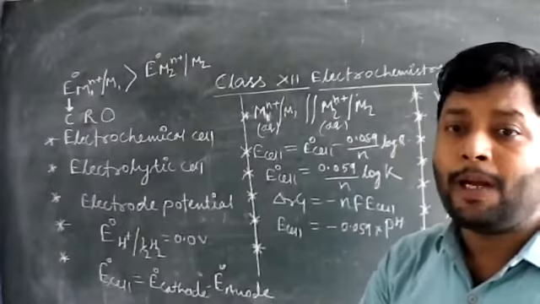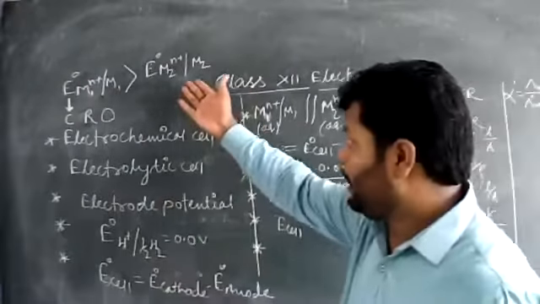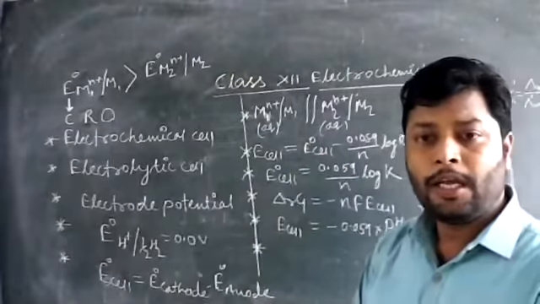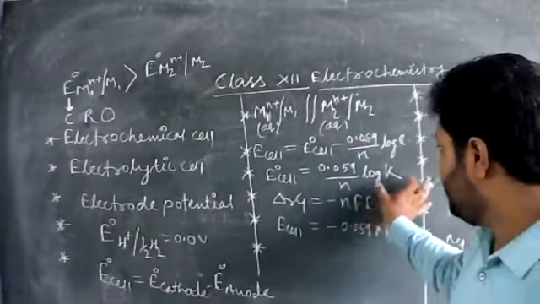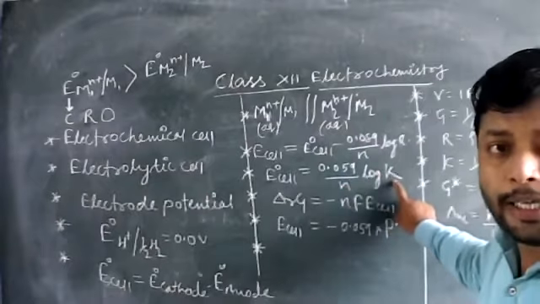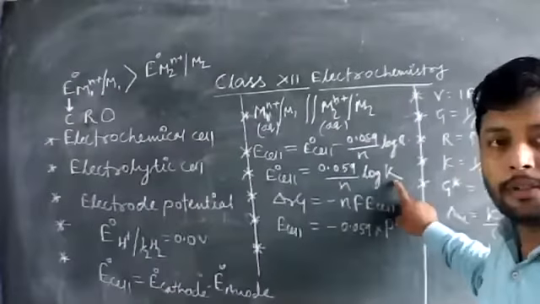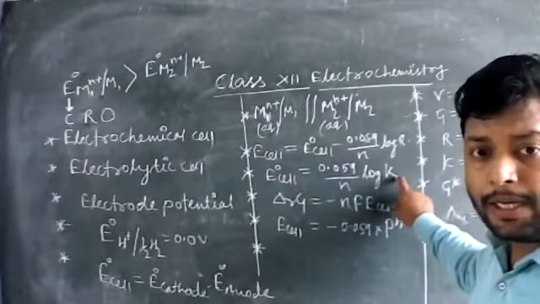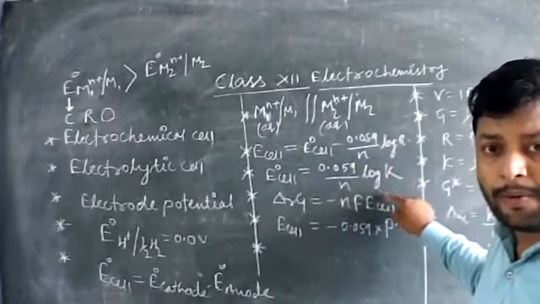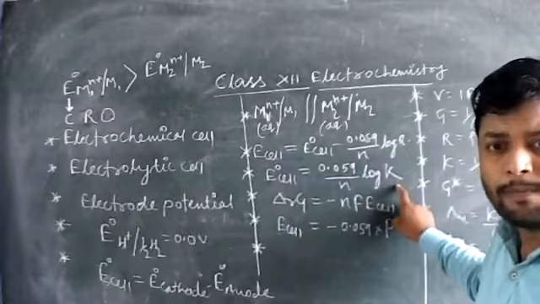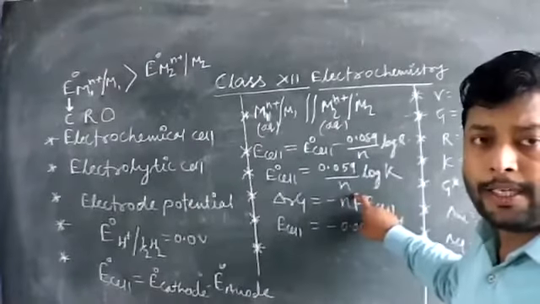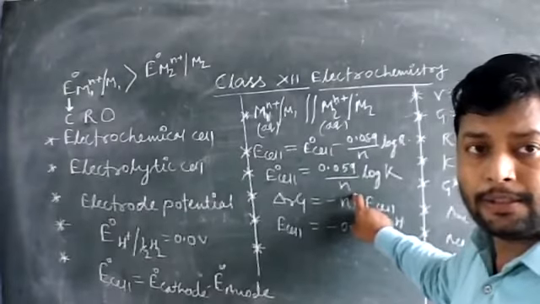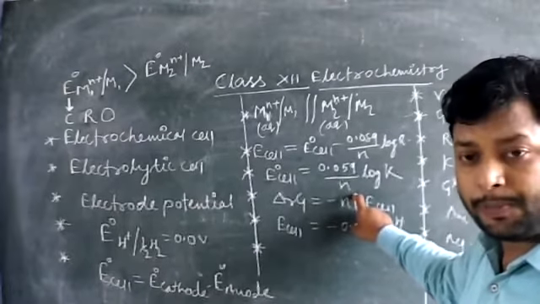Always the reduction potential value has to be given, and you can calculate E naught cell, which can be put in the formula of the Nernst equation. If you wish to calculate the equilibrium constant in terms of concentration, you can use this formula: E naught cell equal to 0.059 upon n log K. Again, n is the number of electrons transferred or involved in the redox process.